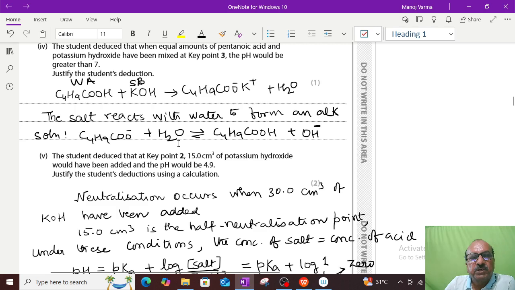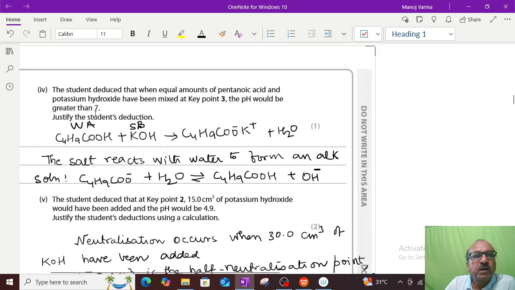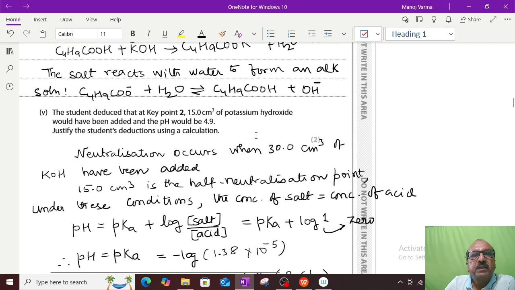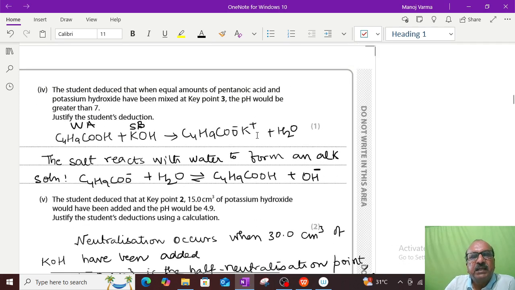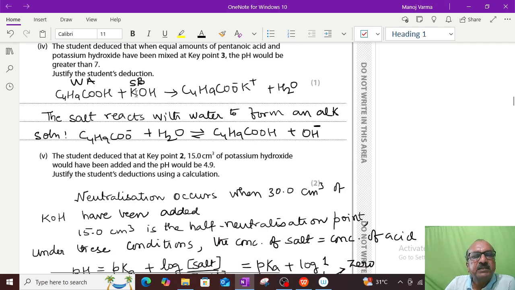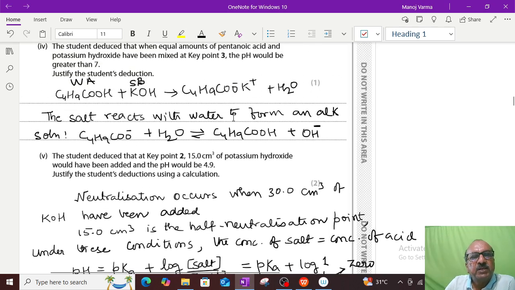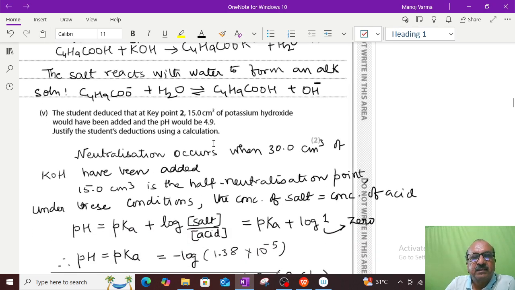It would react with water to form some amount of base and the acid, but the acid is weaker and the base is stronger, so the base dominates over the acid, and therefore the pH would not be exactly 7, but it would be slightly greater than 7. Alright, so hope you understood. Remember that at the equivalence point, when a weak acid and strong base have completely neutralized one another, the pH is not 7 but greater than 7 when it is a strong base and a weak acid.